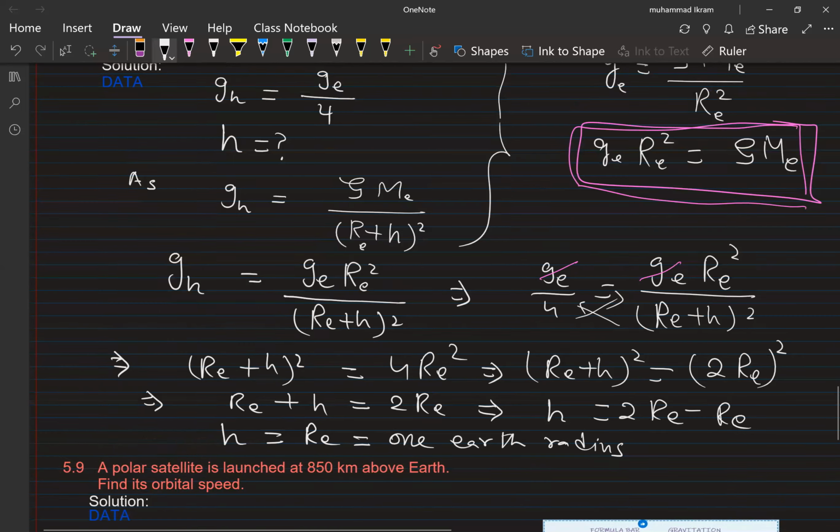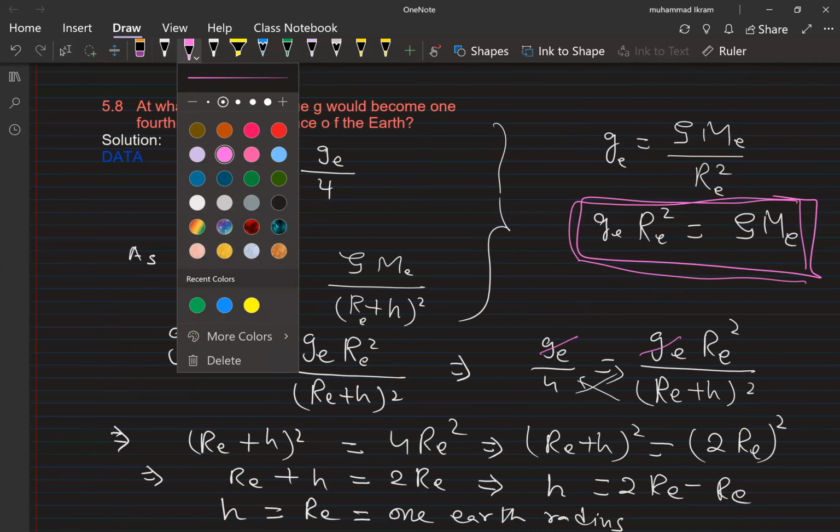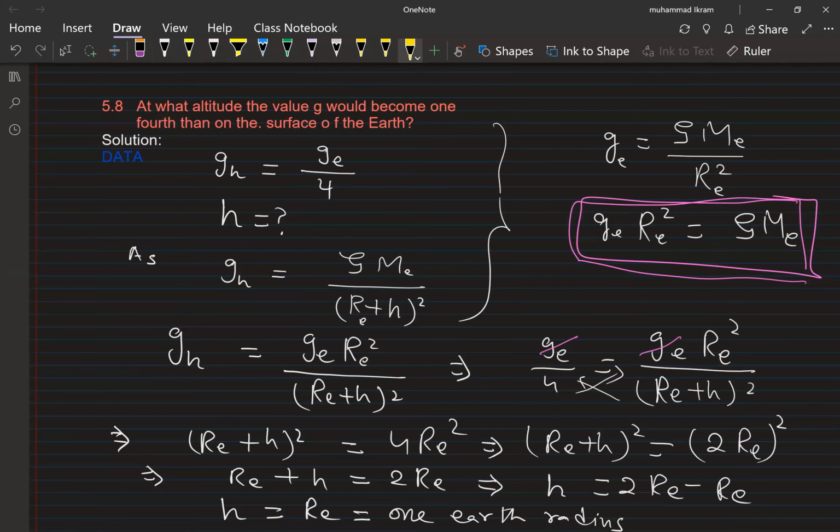Another way is to use a numerical approach. Look how we can use it. You have the value of G, so put the value of G as 6.67 into 10 raised to the power minus 11 Newton meter square per kg square. The mass of the earth, you know, is 6 into 10 raised to the power 24 kg.